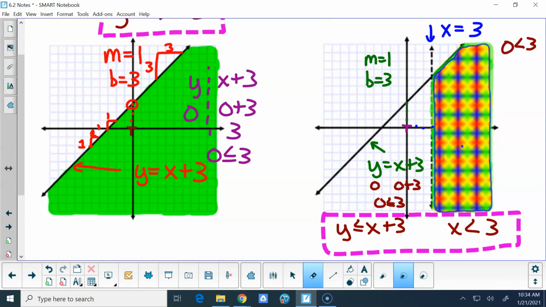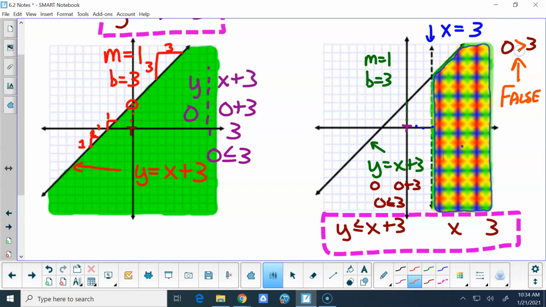A true statement would have been shading the other way. I want a false statement here. We want to go that way. Got ahead of it. Because of the shade, we're not shading on the test point.